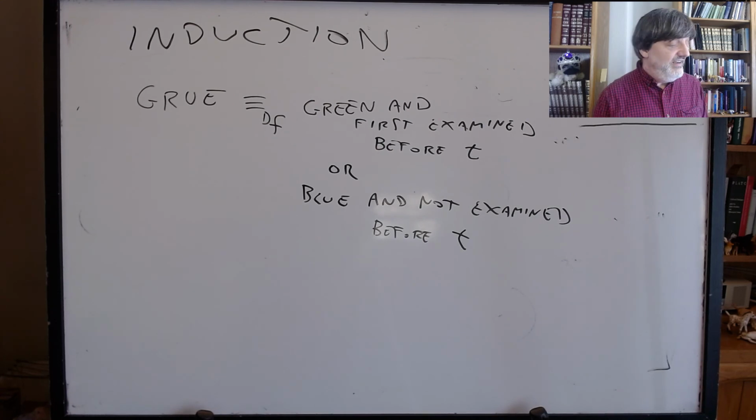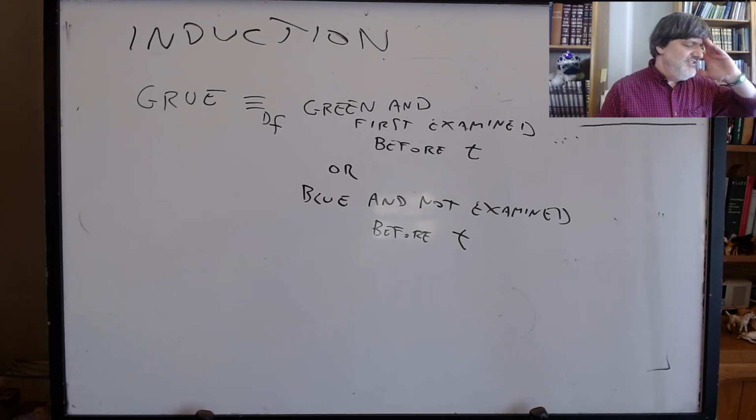And you can say that so far we've found that all emeroses are green. Well, no, that's not quite it. But anyway, using that predicate emerose, you work out the details.